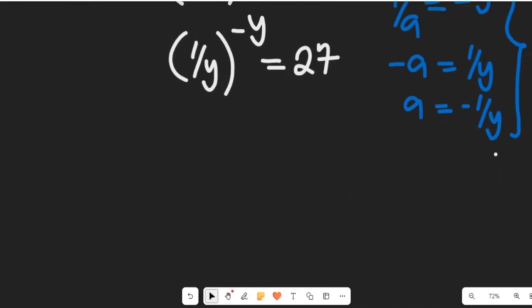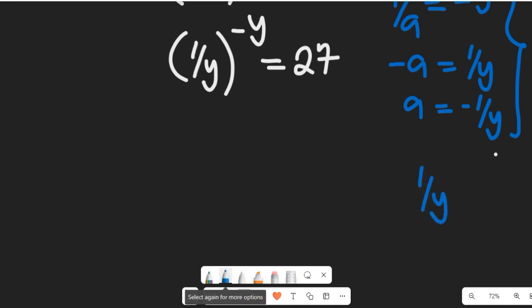If I simplify that, 1 divided by y to the power of negative y can be sorted out using the laws of indices. You recall the law of indices. If I have 1 divided by y, this can simply give me y to the power of negative 1, right? So if I multiply it with negative y, that whole expression will give me y to the power of y.